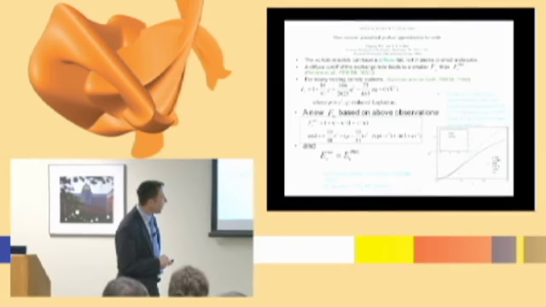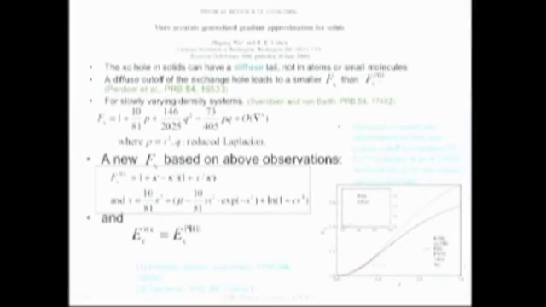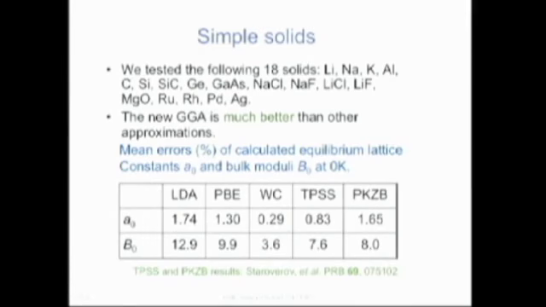The PBE is this black curve, and the MetaGGA, which has the kinetic energy density, is shown in red. Our one, the WC one, plots right along the MetaGGA, except it doesn't involve computing the kinetic energy density, so it's just as fast as doing a normal GGA.